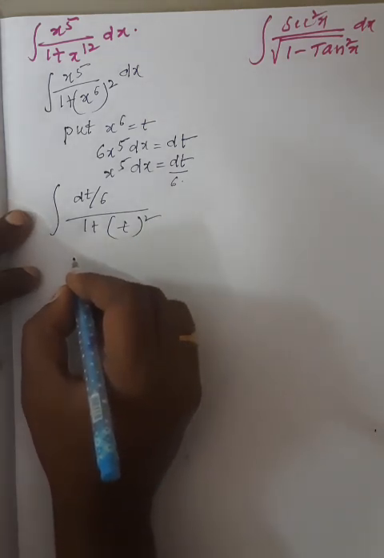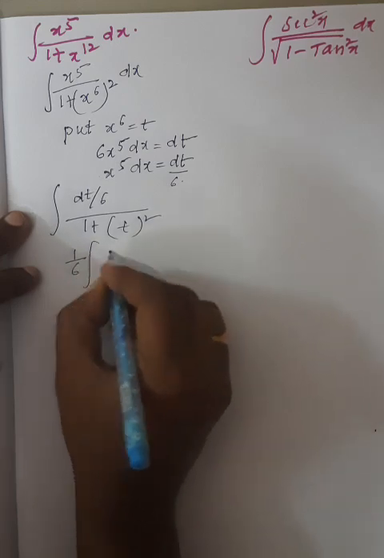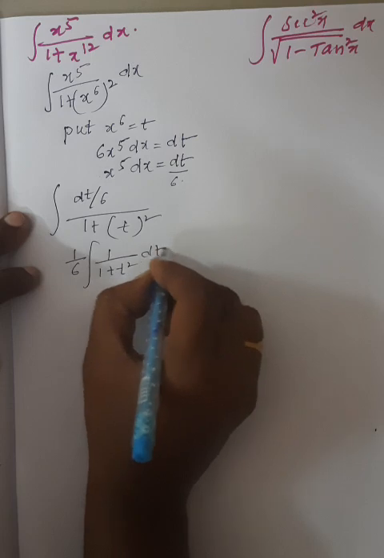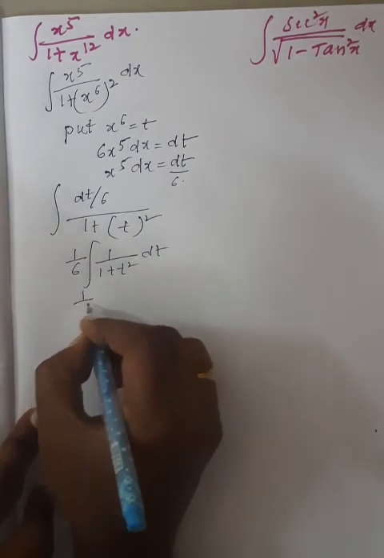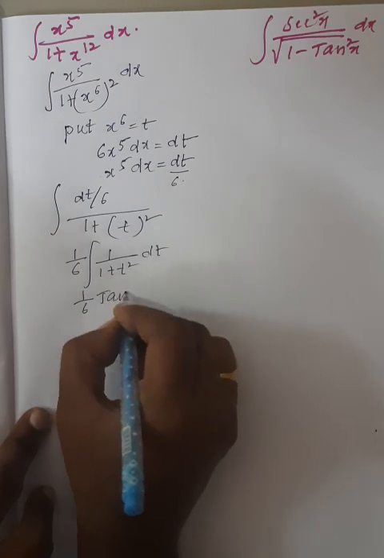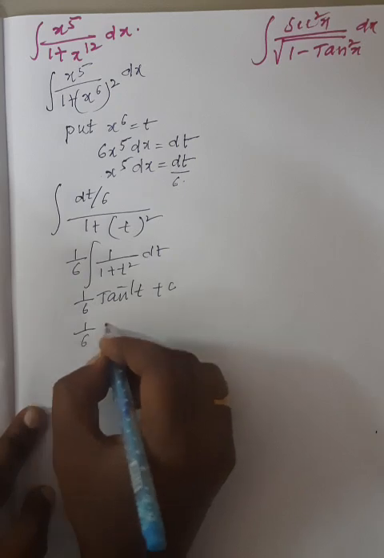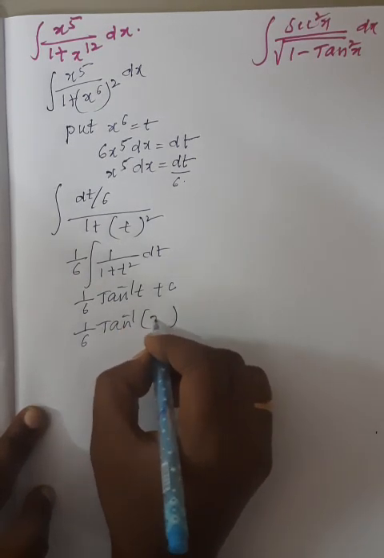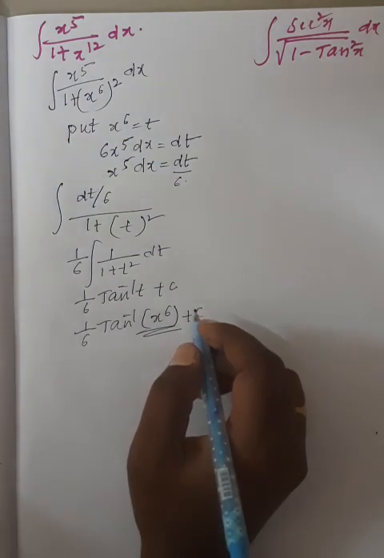Now it is of the form 1 by 1 plus x square dx, which is known as tan inverse x. So tan inverse t plus c. 1 by 6 tan inverse t is replaced with x power 6 plus c, which is our final solution.